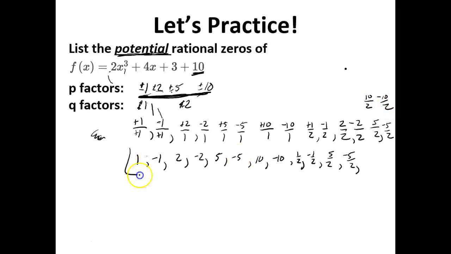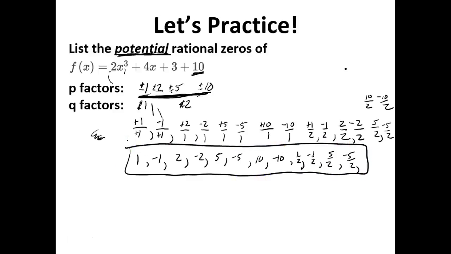This list that I have down here is all the possible rational numbers that could be 0. So if we can find a 0 that can be written as a fraction for this function, that 0 is going to have to come out of this list.